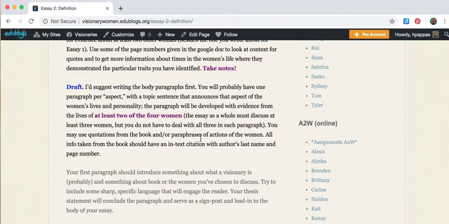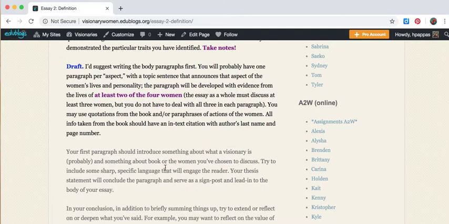Once you get the body paragraphs written, then you might want to think about either the introduction or the conclusion. Your introduction, somehow you need to get the idea of visionary, that the essay is looking at qualities of a visionary, and that you're using this book and these women as case studies in order to draw some more general conclusions.